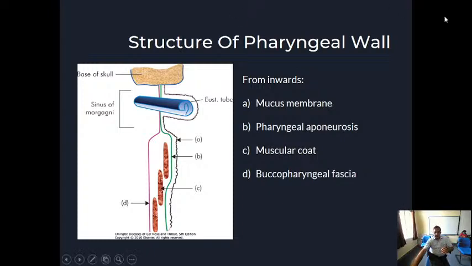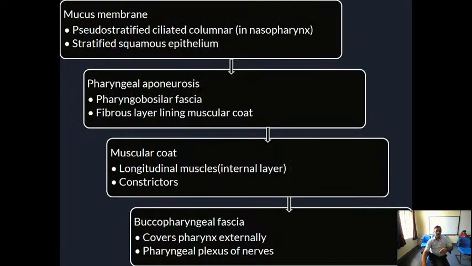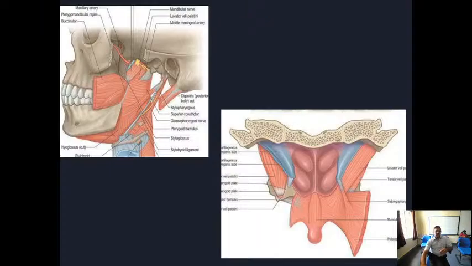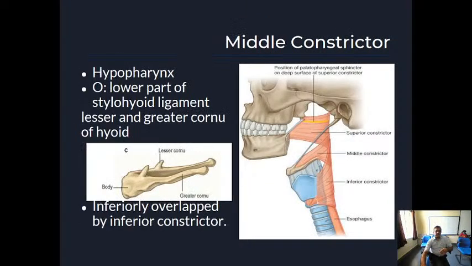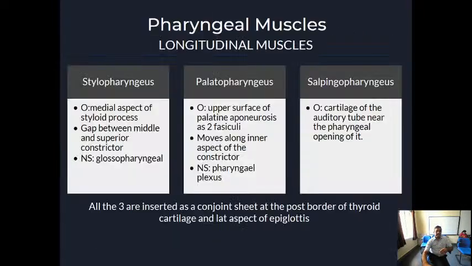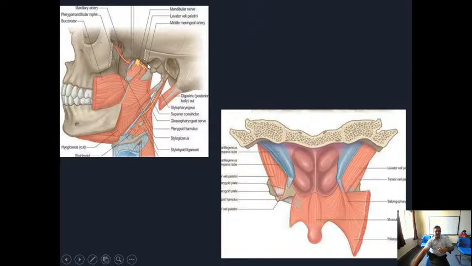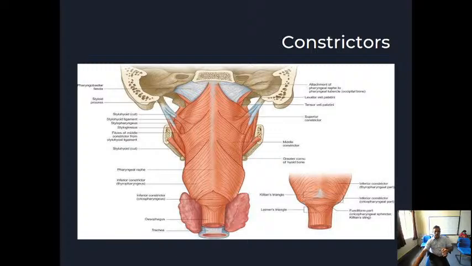And there are some longitudinal muscles a little deep to these. The longitudinal muscles are the stylopharyngeus, which extends from the styloid process, the palatopharyngeus, from the palate to the pharynx, and the salpingopharyngeus. These are the three muscles that you see here. And of course the constrictor muscles, which form a tube.